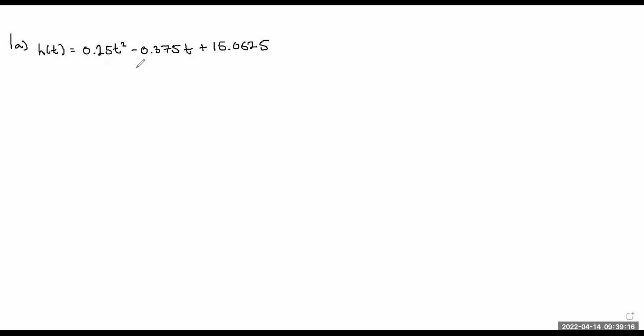So there's a couple of ways you can do it, but the main way that we've learned is completing the square. I am going to group the first 2 terms together because I'm going to common factor, and I will leave the last term alone.